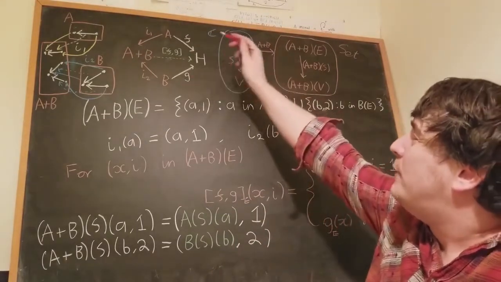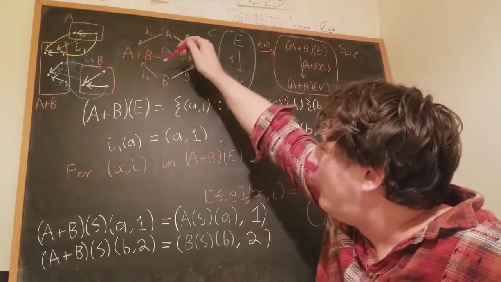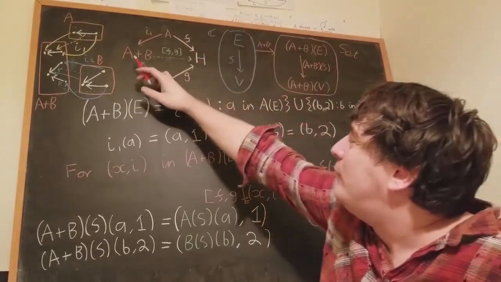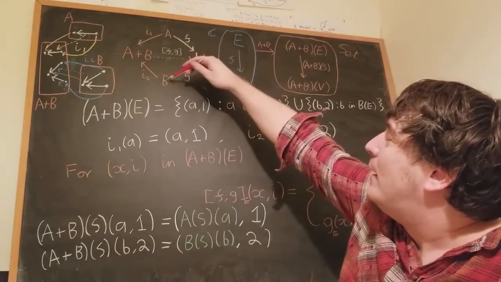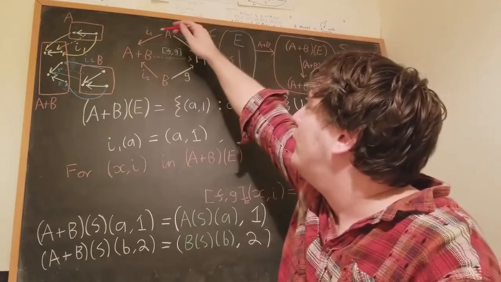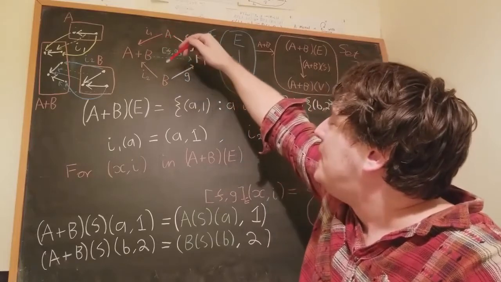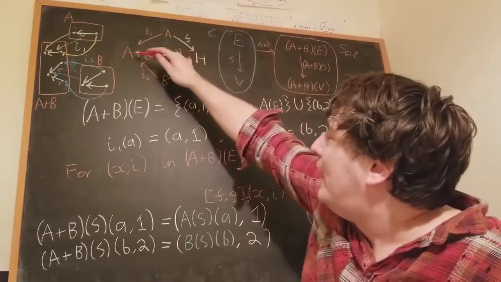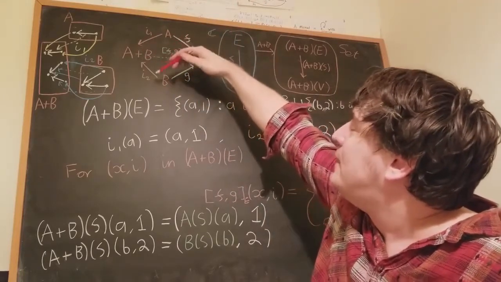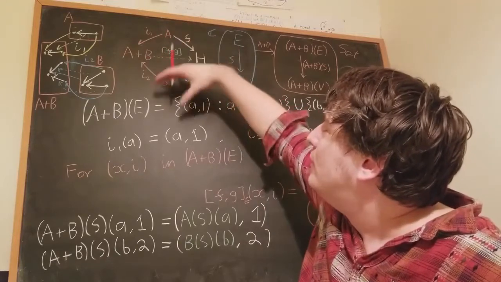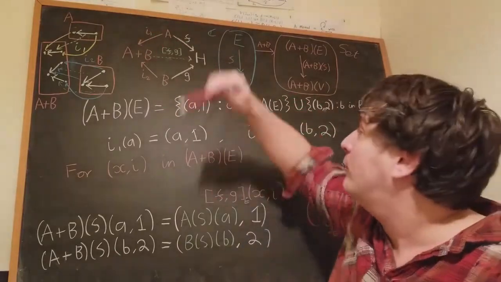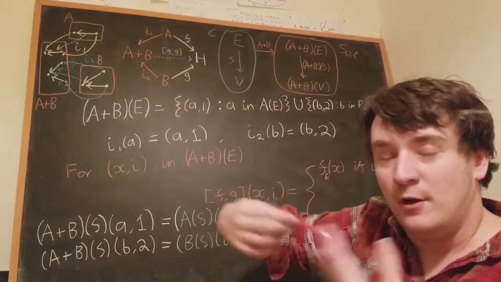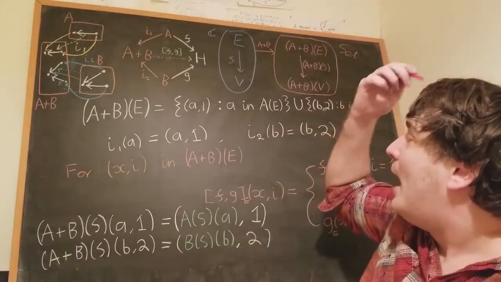So just to recap, the coproduct of objects A and B, if it exists in your category, is usually written as A plus B, and that's grouped with these arrows I1 from A to A plus B and I2 from B to A plus B. Now this object A plus B and these arrows I1 and I2 together constitute the coproduct of A and B, and these I1 and I2 are sometimes called canonical injections.